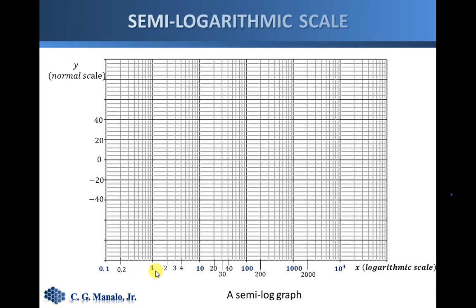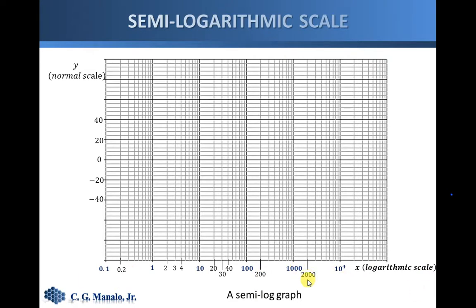So we have 0.1, 1, 10, 100, 1000, and so on. Also, the divisions between the major divisions are not equally spaced. For example, 2 here is farther from 1 than 3 is from 2. We call this scale a logarithmic scale.